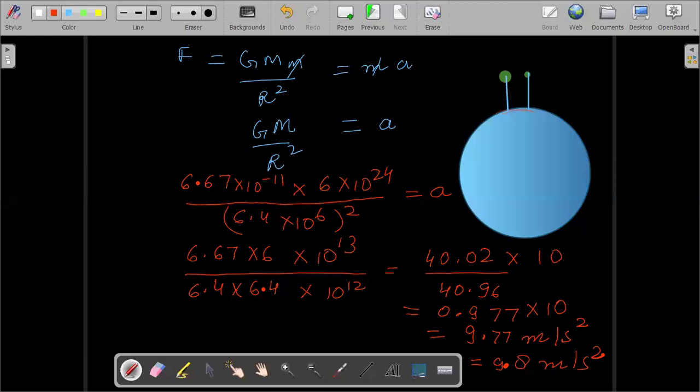So we can use 10 meter per second square also, but this is the actual value which we get by doing all the calculations. All right.